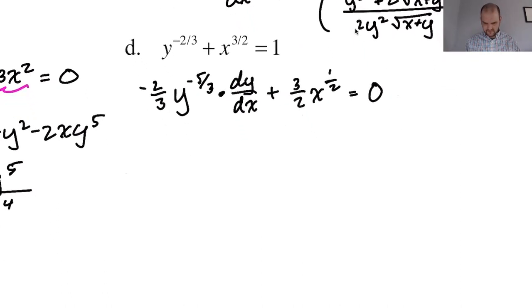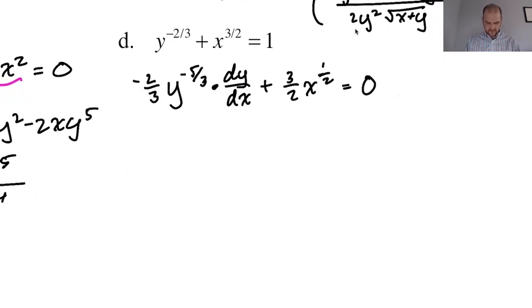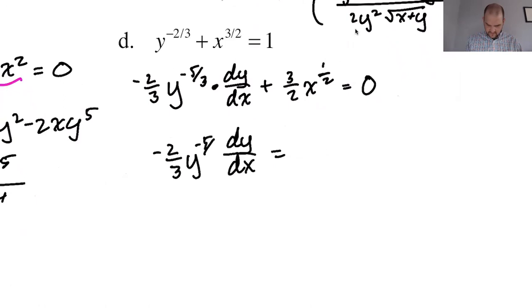This problem seems way easier than previous problems. Is something wrong with it? I don't know. I think it's okay. So dy/dx is going to be, well, negative 2/3 y to the negative 5/3 dy/dx is negative 3/2 x to the 1/2. Moved it over.